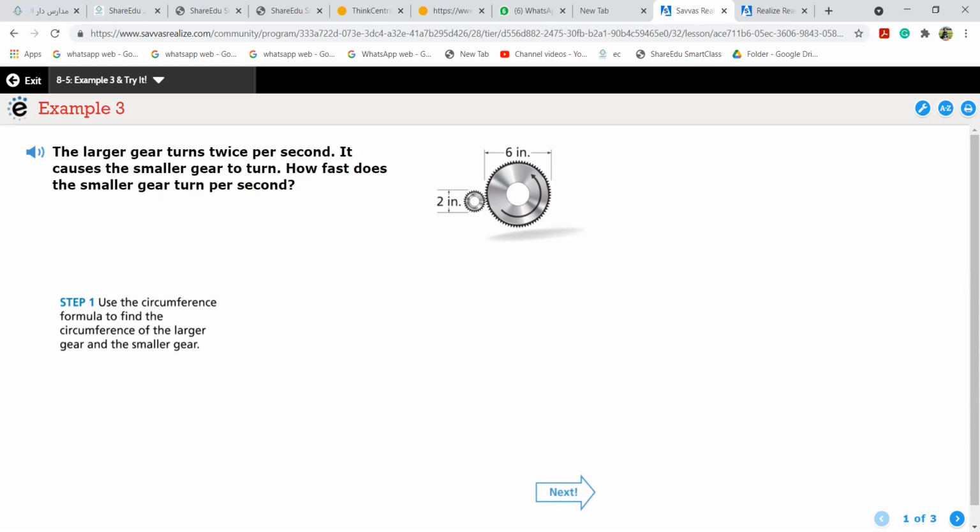Dana, tell me the formula of circumference of circle. Or Zishan, C equals? C equals pi d. Zishan, please repeat. Circumference equals pi d, diameter.